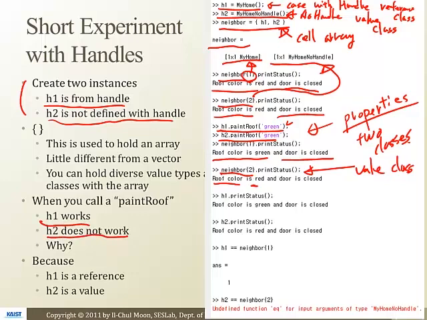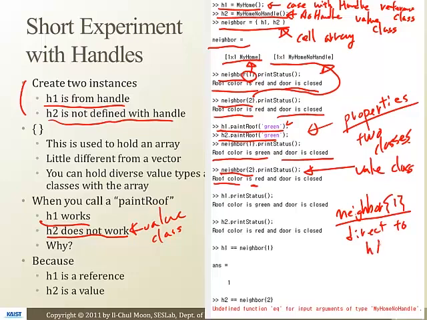Because it's a value class. What is happening is that neighbor 1 actually directs to H1, okay?